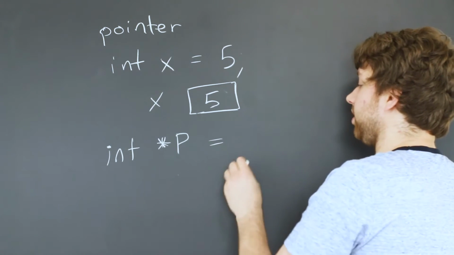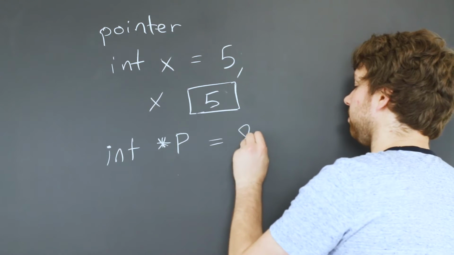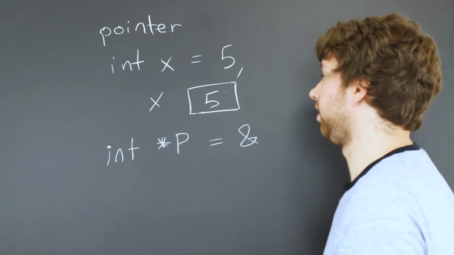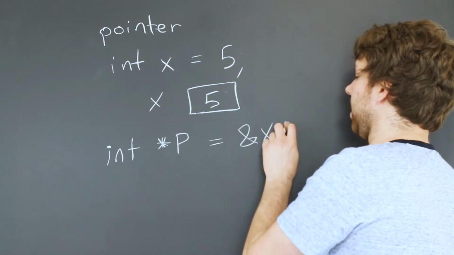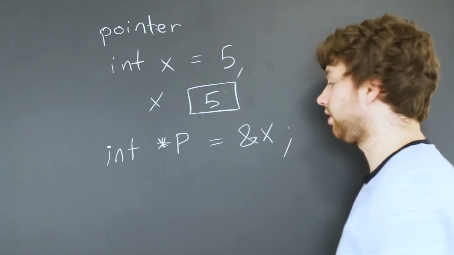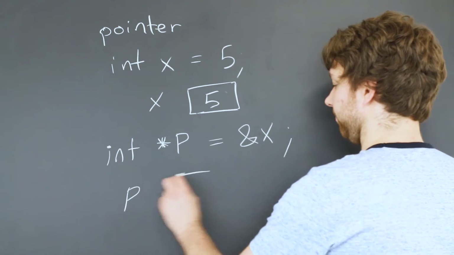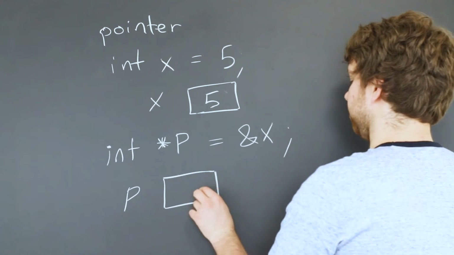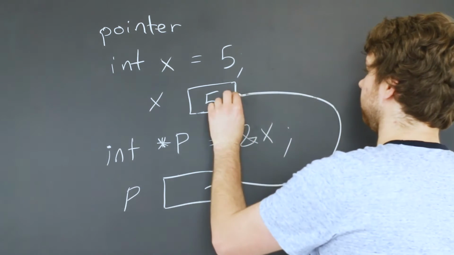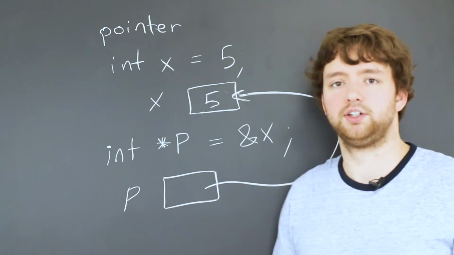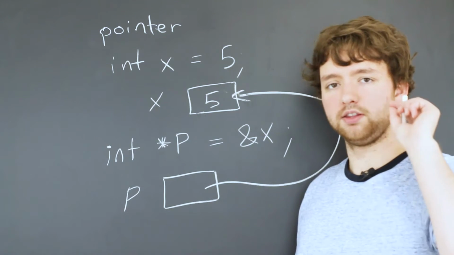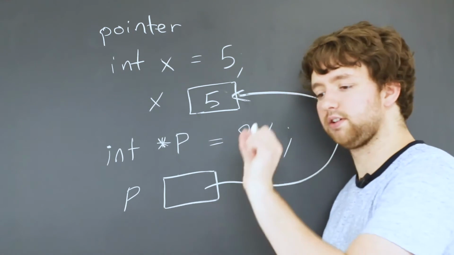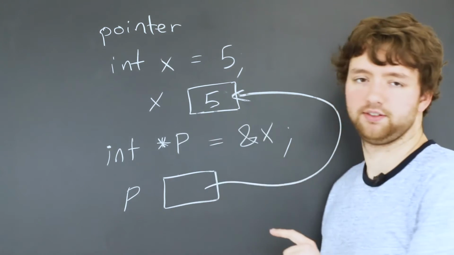Then what we do is we can use the address of operator, which we talked about in earlier videos. That's going to get the address of a variable in memory, x. And what this is going to do is it's going to create a variable p, and it's going to point to 5. So it's kind of like a variable equal to 5, but not quite. It's the address of the variable equal to 5.